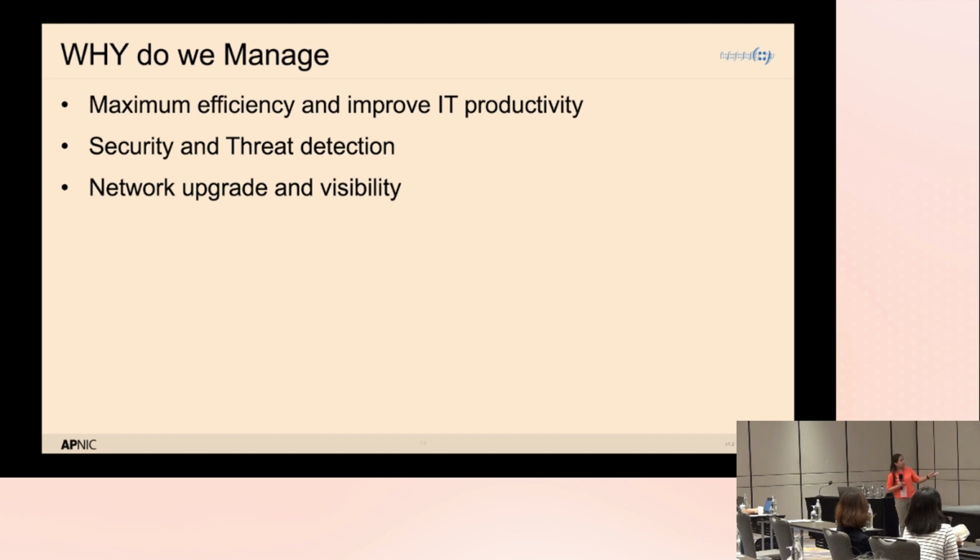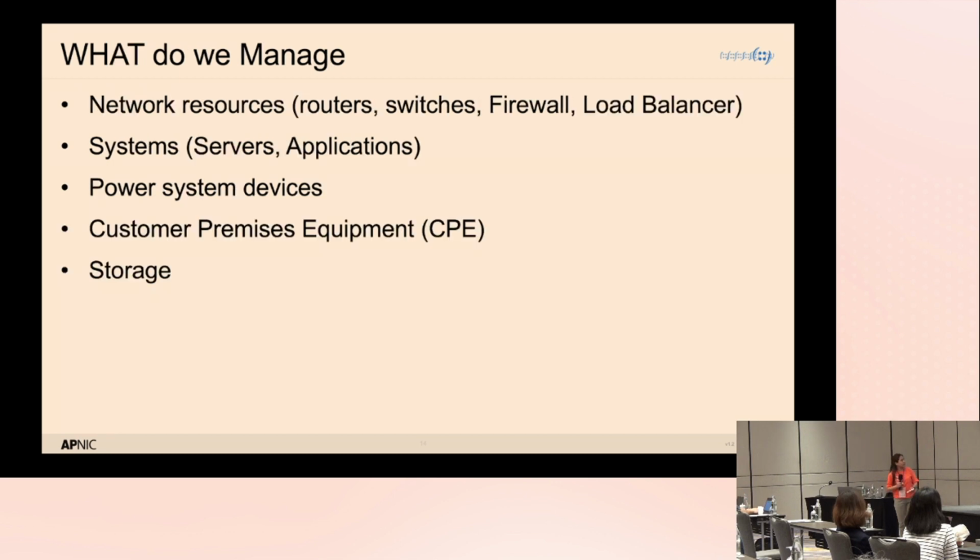Security and threat detection is another one, to see whether there are security loopholes, and to aid in network upgrades and visibility. What do we manage? Most of these, again, all the devices connected to our network, not just network devices, not just systems, but potentially even power systems, your CPEs, storage devices, and maybe a lot more.